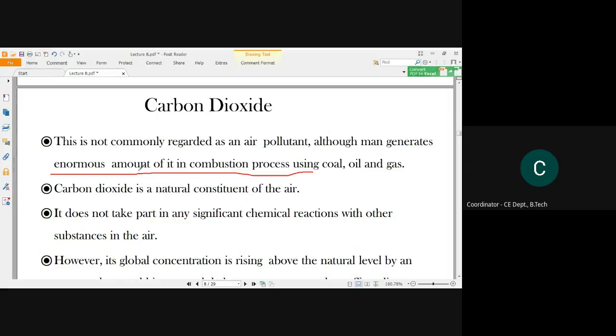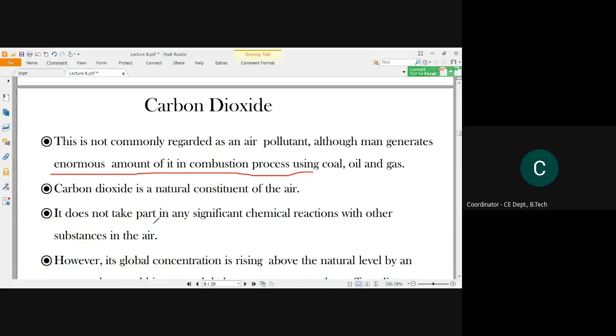It is generated by the combustion process using coal, oil, and gas, and it is also a natural constituent of air. If it increases beyond its prescribed range, then it will cause harm.